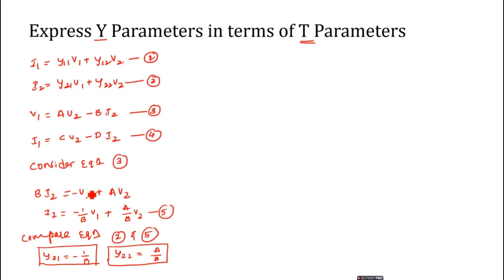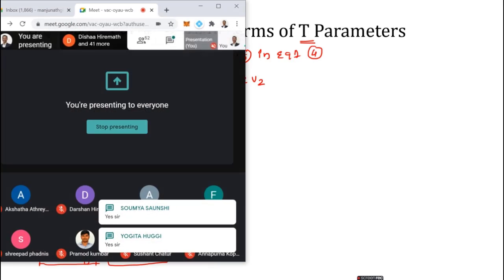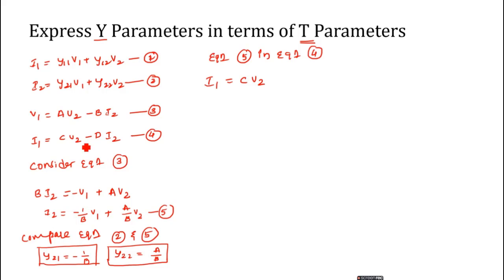Alright, we are in need of 2 more parameters, so substitute equation number 5 in equation number 4. I1 equals c into v2 minus d I2, we have calculated here, substitute minus v1 divided by b plus a divided by b into v2.